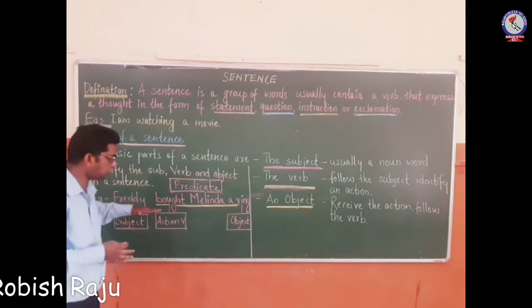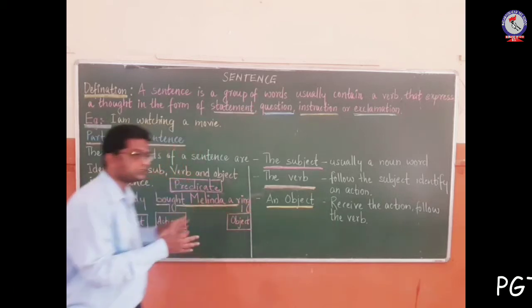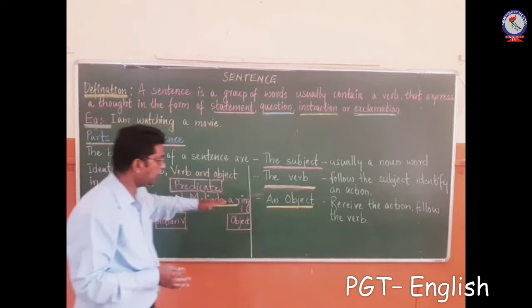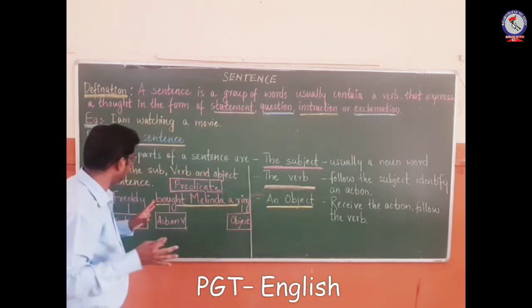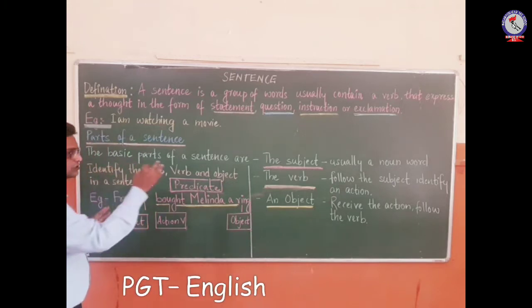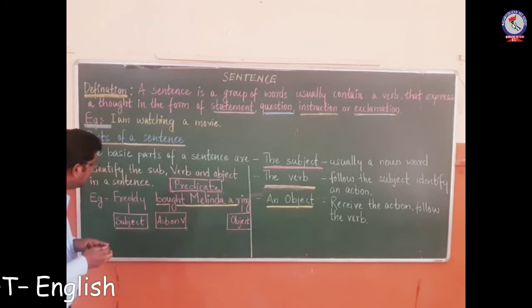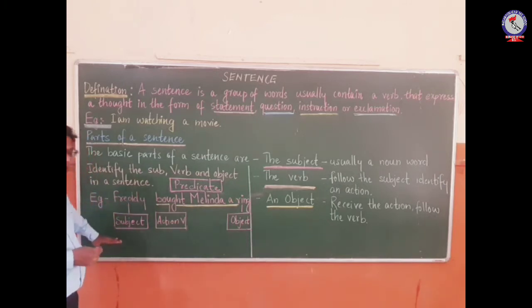Freddie bought Melinda a ring. Now this is the sentence. Freddie bought Melinda a ring. Now you see carefully, as the subject will be the name of the person, place or thing, this Freddie would be the subject in this sentence.